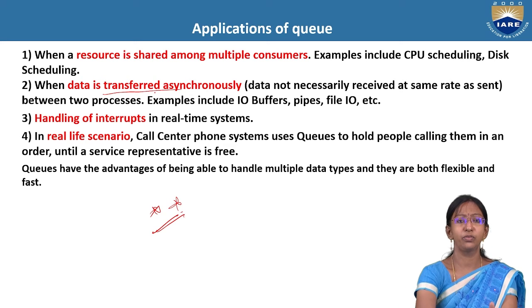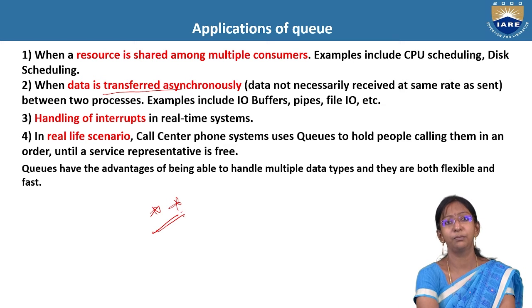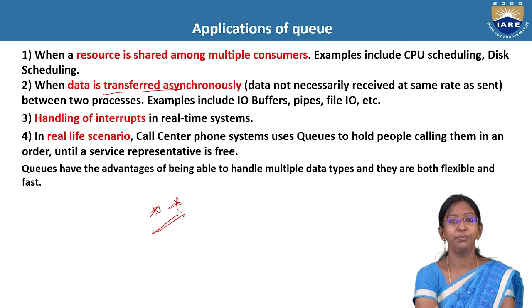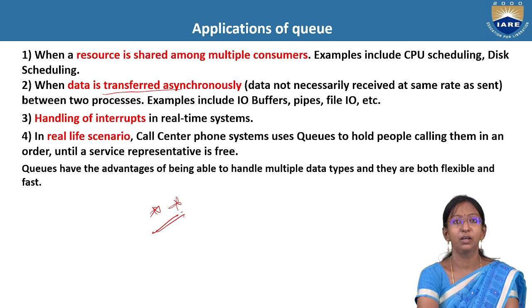That is, if the source speed is very high when compared to the destination, and while communicating, the source is sending the packets very fast, and the destination is not able to receive them or process them with such a speed, it will maintain a buffer, and the buffer is built using queues, right? Next is handling of interrupts, right?